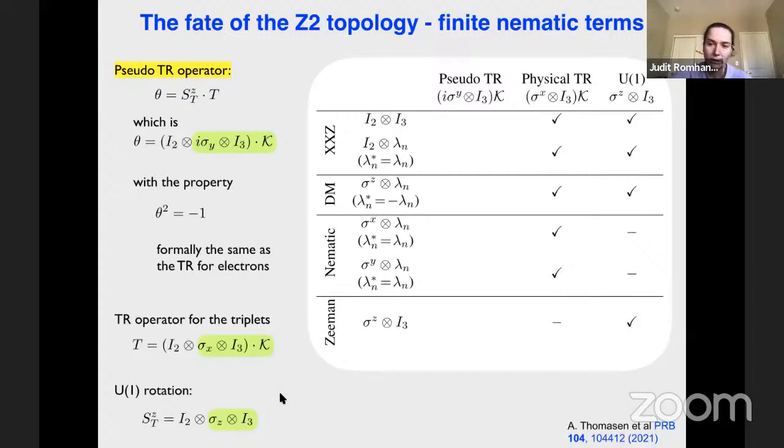One can show easily that the XXZ and the DM are U1 symmetric, and also the z component of the magnetic field. But the nematic interaction will mix the up and down triplets, so it will break this U1 symmetry. And with the physical time reversal, everything is time reversal symmetric, right?